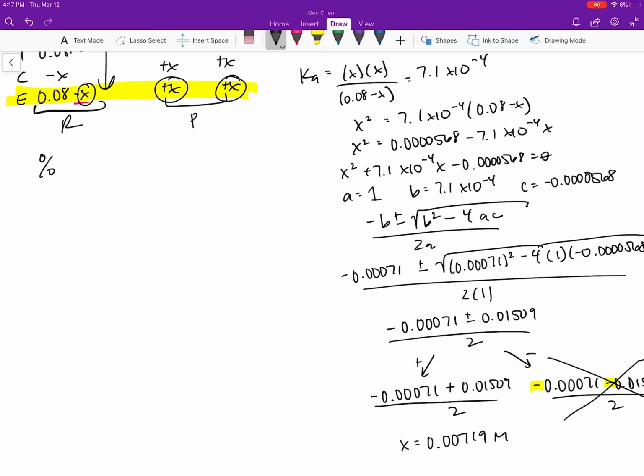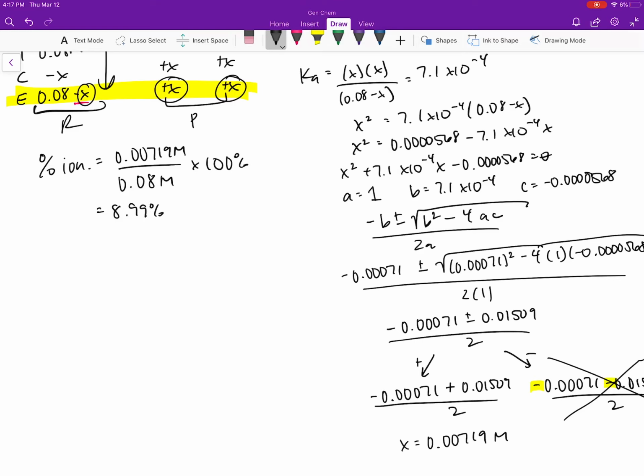Now, with the percent ionization, the number of ions formed is x, so that's going to be my numerator. My initial or starting amount is what I was given in the problem, which is 0.08 molar, and then multiply it by 100%.